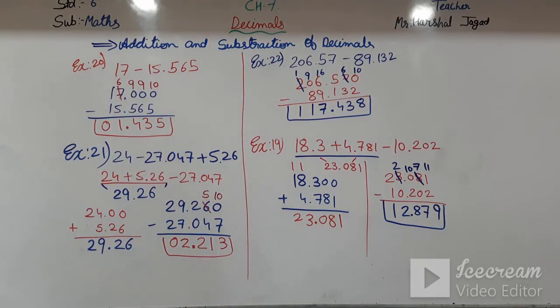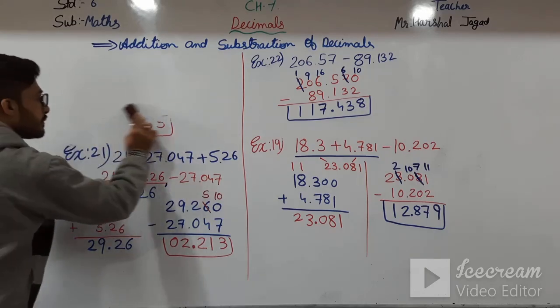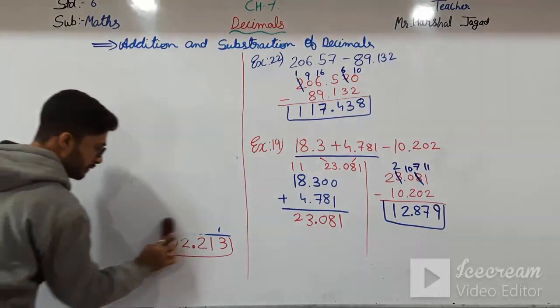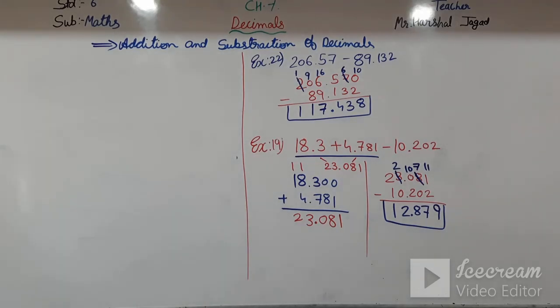Please note down this, and we will directly move towards exercise 7D, question number 1. Question number 1 is add the following, which you can do easily.